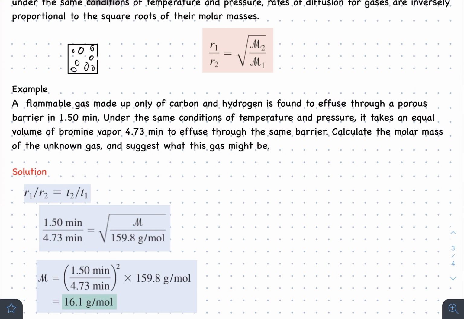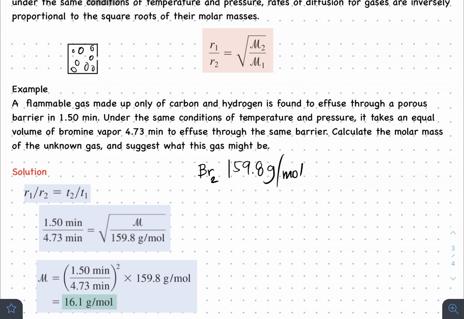So let's write all the given. Bromine vapor has 159.8 grams per mole.